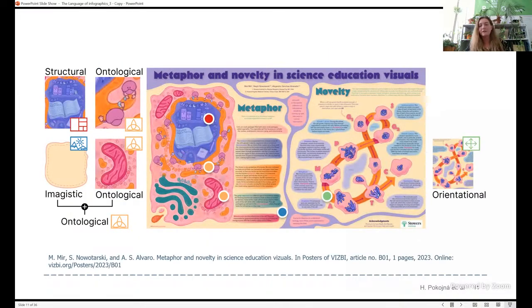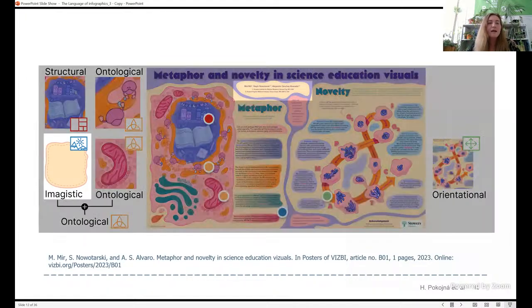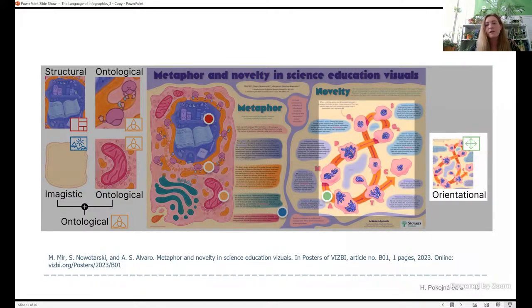This is the infographic I'll be using to give examples by Molmir and colleagues. And here, the imagistic metaphor is talking about the shape of a cell by showing an irregular patch and a wobbly structure. We have orientational metaphor where different stages of cell cycle are arranged in this infinity symbol, which tells you about the cyclicality of the process.